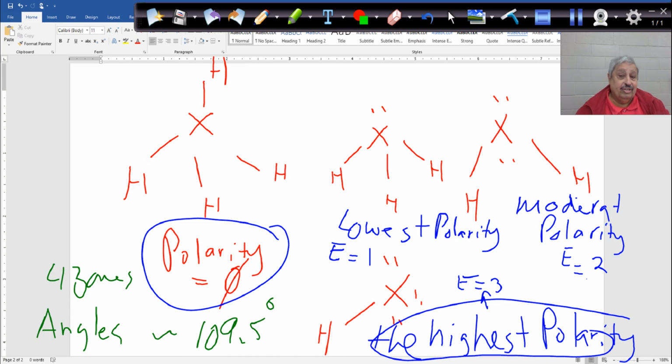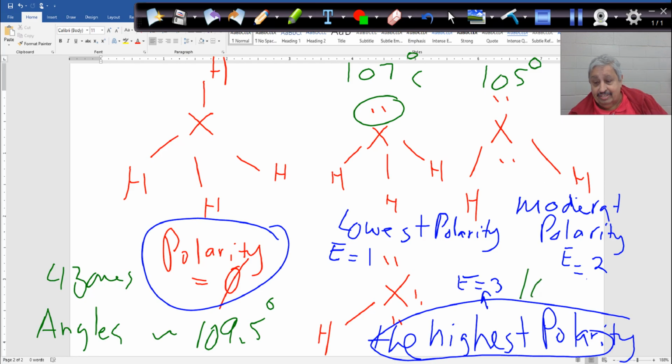The presence of a lone pair will decrease this to 107 degrees. More lone pairs will decrease it even further to 105, correct? And how about 3? Around 103 to 100 degrees, 101. Not degrees Celsius, sorry, degrees.